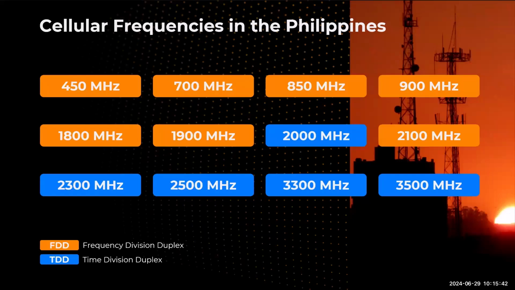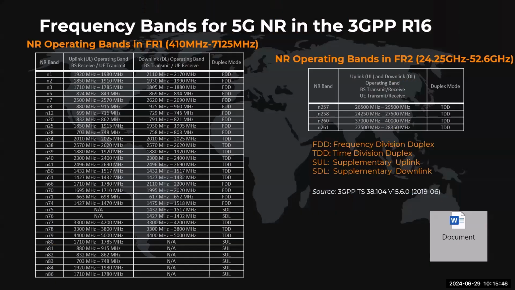Okay. Now, if you want to go into more detailed frequency allocation, this is the frequency allocation in 3GPP Release 16. It's the same thing, but there are just a few additional frequencies. So you will see the different start-stop frequencies for the uplink, the downlink and the TDD mode. Now you will see here supplementary uplink and supplementary downlink.